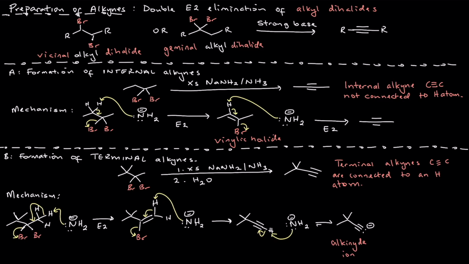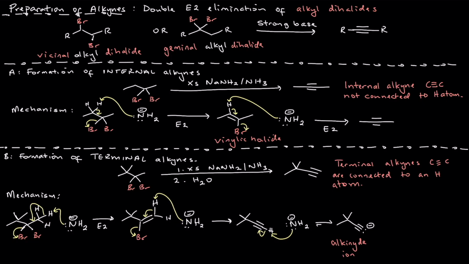And in fact, this is how we form alkynide ions in synthetic organic chemistry. Take a dihalide that will form your terminal alkyne and treat it with excess sodium amide, and you form your alkynide ion.